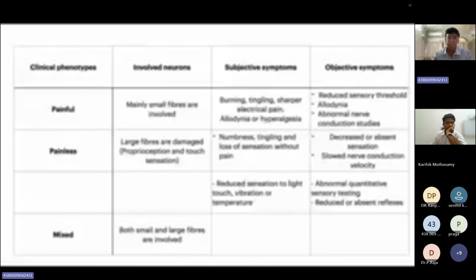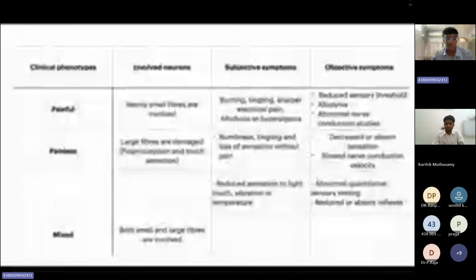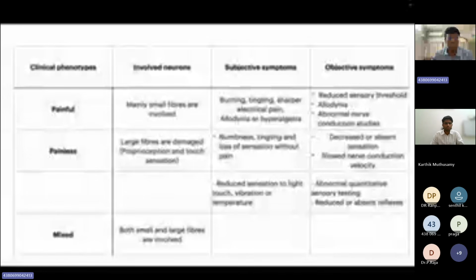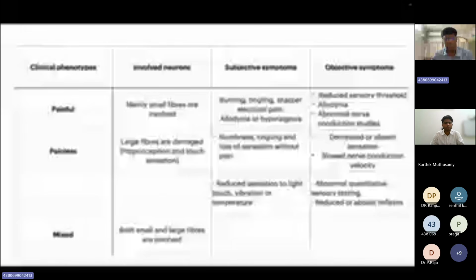Mainly the small fibers are involved in the painful type, whereas large fibers are damaged in painless diabetic peripheral neuropathy, which results in loss of proprioception and touch sensation. These patients with painful diabetic peripheral neuropathy experience burning, tingling, and sharp electrical pain-like sensation with allodynia and hyperalgesia.